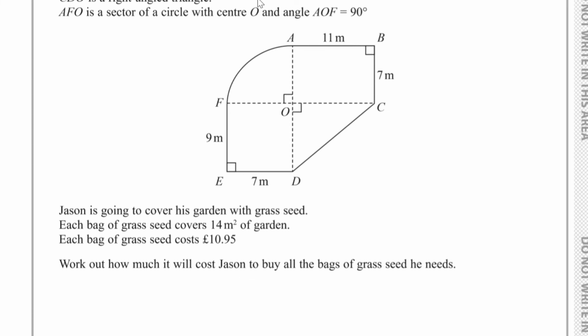he needs. Well, we can work out the various areas of these different sections. 11 times by 7 is 77. So here we have 77 meters squared. Here we have 9 times by 7, which is 63. So here we have 63 meters squared.